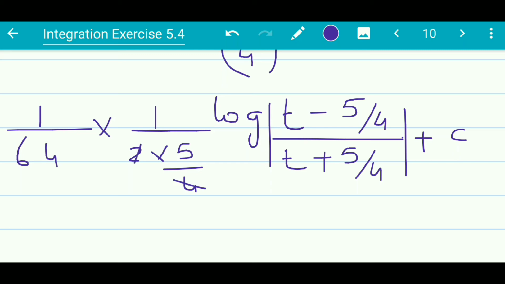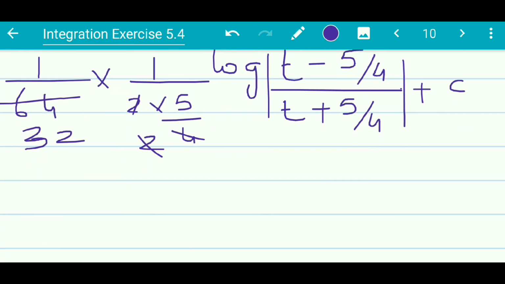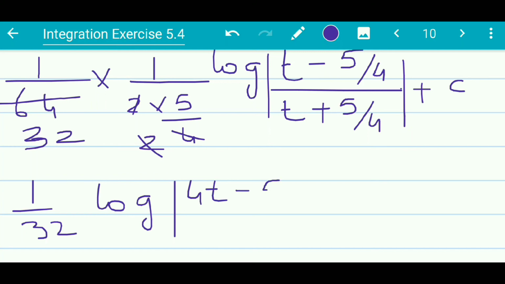Okay, again now we can do the cancellations. So this 2 gets cancelled like this. Again 2 and 64, we get 32 here. So our answer becomes 1 upon 32 log mod of, now we cross multiply, so we get in the mod sign 4t minus 5 upon 4t plus 5 plus c.